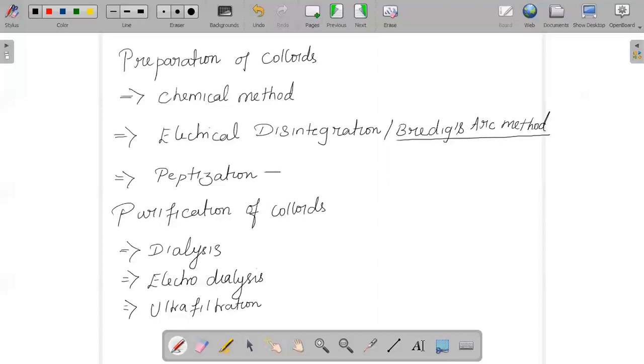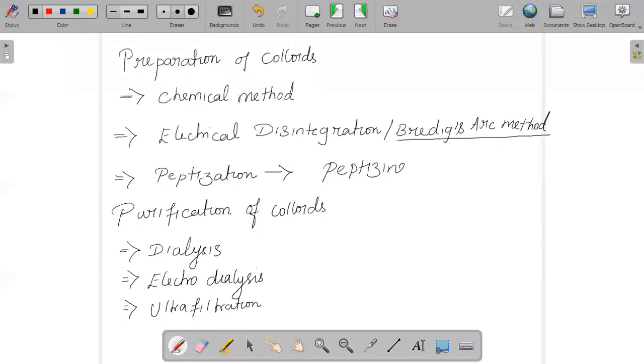The third method we use to prepare a colloid is the peptization method. In this process, a precipitate is converted into a colloidal sol by shaking it with the dispersion medium in the presence of a small amount of electrolyte. The electrolyte used in peptization is called the peptizing agent.